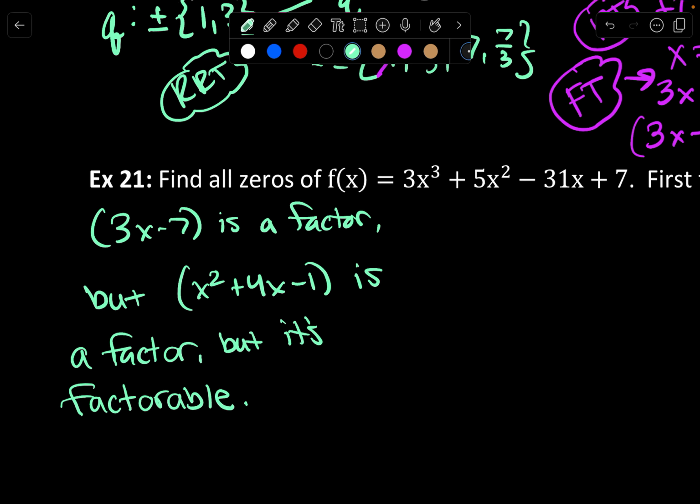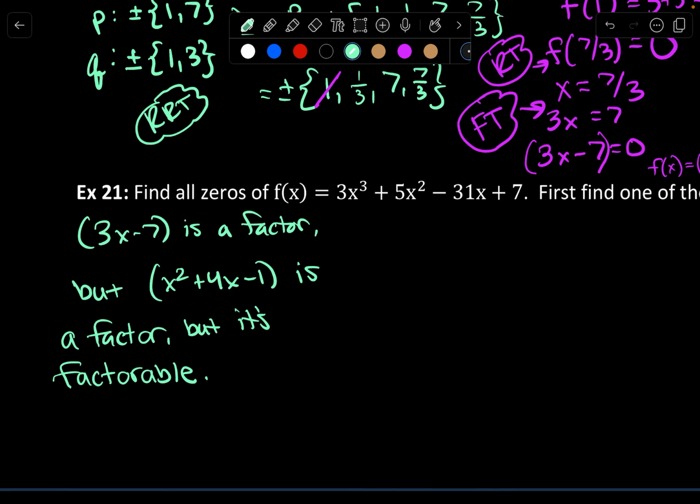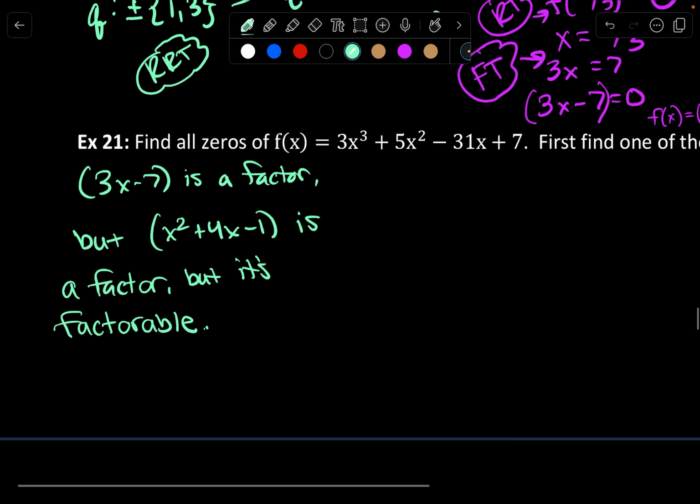Which means we don't have a rational number that we can use to create two factors for this quadratic, okay?